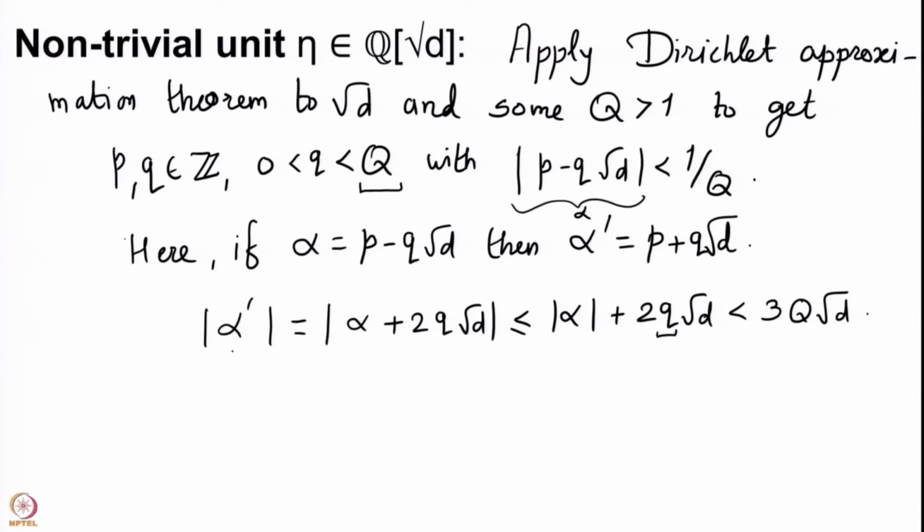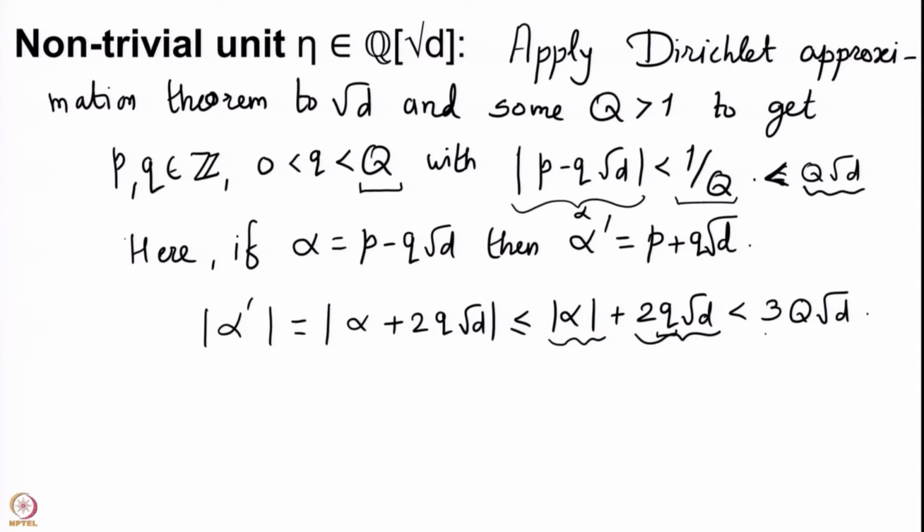So, mod of alpha prime is less than or equal to mod alpha plus 2q root D. Now, 2q root D is strictly less than 2 capital Q root D, and mod alpha, which is less than 1 upon capital Q, is certainly less than or equal to capital Q root D, because capital Q root D is something which is bigger than 1 and this is something less than 1. So, in fact you have a strict inequality here.